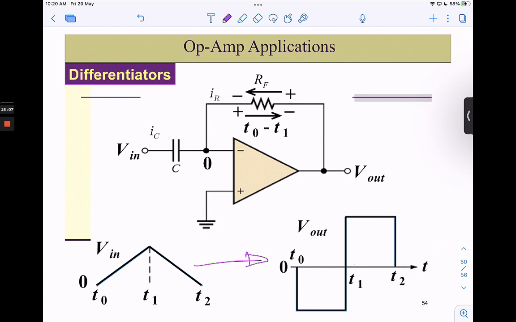It takes a sloping input and provides an output that is proportional to the rate of change of the input.